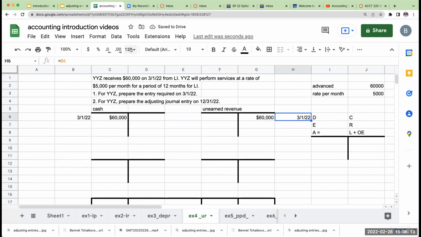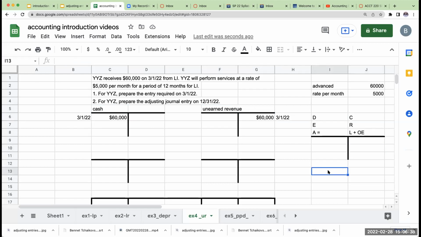Now, again, why am I doing it this way? It's basically because I haven't performed the work yet as of March 31st. So therefore, what I need to do is record it as a liability or unearned revenue. If I'm receiving cash, cash is an asset, I'm going to show that with a debit. Unearned revenue is a liability, I'm going to show that with a credit.